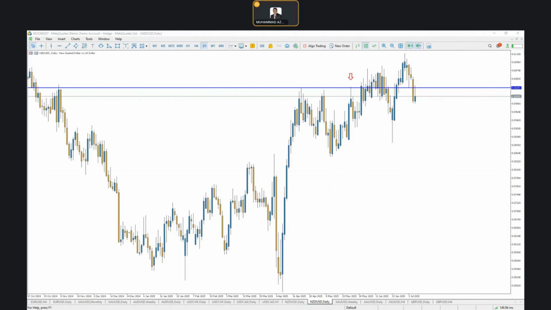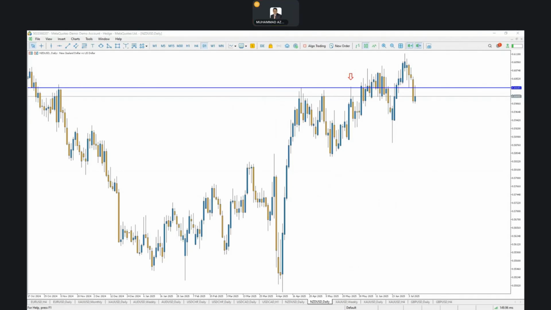So the key takeaways for NZDUSD: if we get a lower than expected OCR, then expect bearish price action, and the NZDUSD currency pair is going to drop. And if we do not get any kind of change, like they keep the OCR rate at 3.25%, then expect a neutral or slight move.